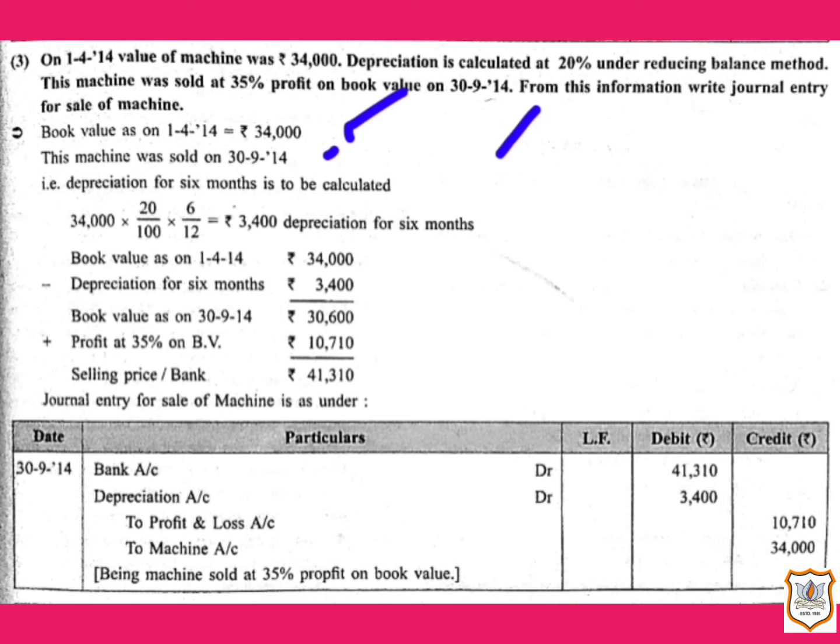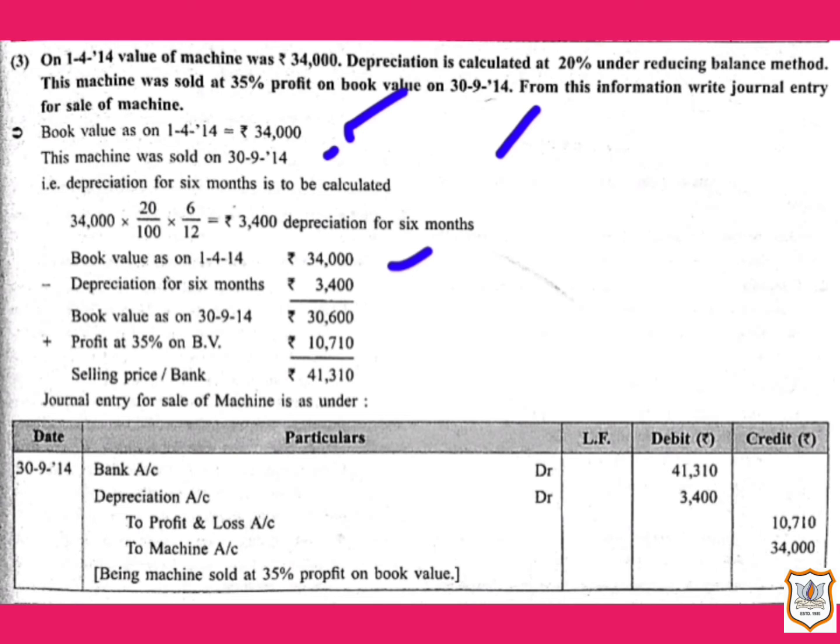So depreciation for 6 months would be 3,400, that is 34,000 multiplied by 20 upon 100, that is 20%, the depreciation rate, multiplied by 6 by 12, as here depreciation is being charged for 6 months only. So that comes to 3,400.